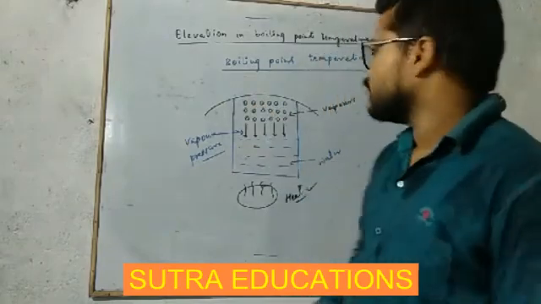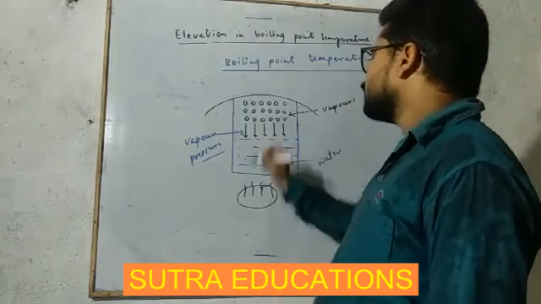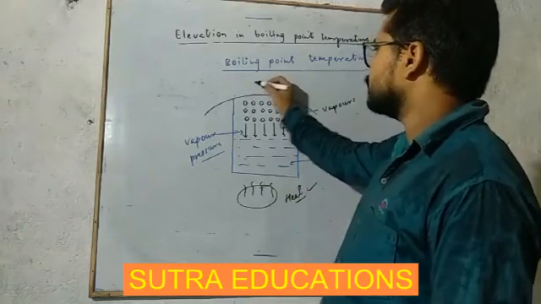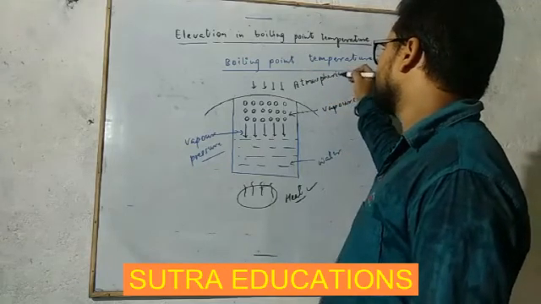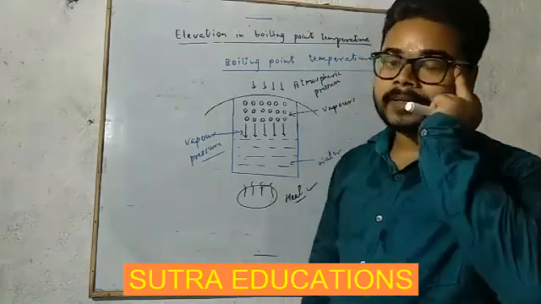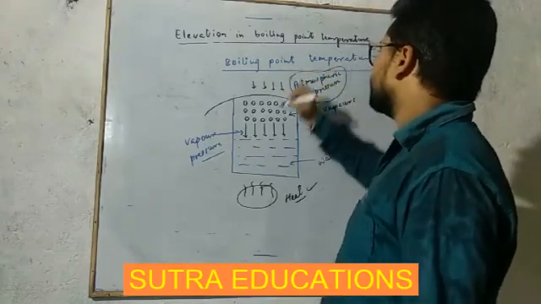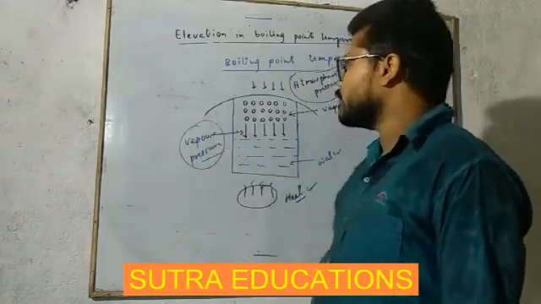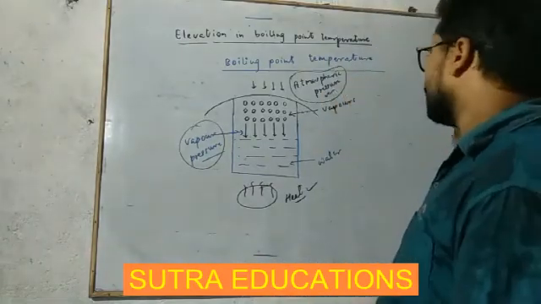And at one temperature, what happens? This vapor pressure becomes equal to the atmospheric pressure. Getting this? Atmospheric pressure, you know? Okay. So when this vapor pressure of the liquid becomes equal to the atmospheric pressure, I am going to write it.